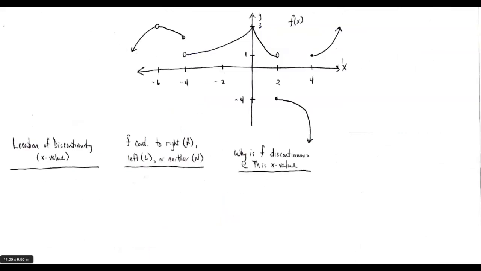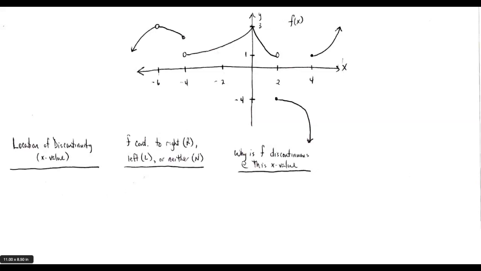All right, so now what we're going to do is exercise what we've learned here by doing some examples. This will be the first one. The goal of this particular example is to look at this function and determine where it has discontinuities, or put another way, tell me where the function is not continuous.